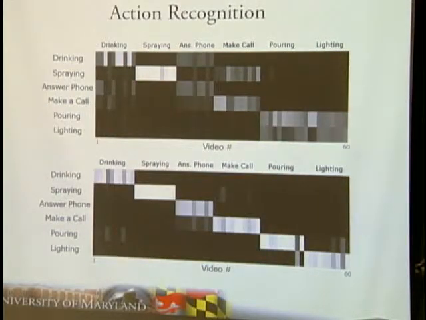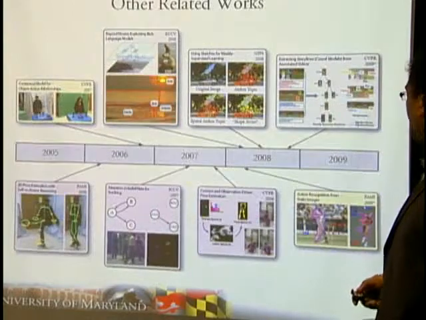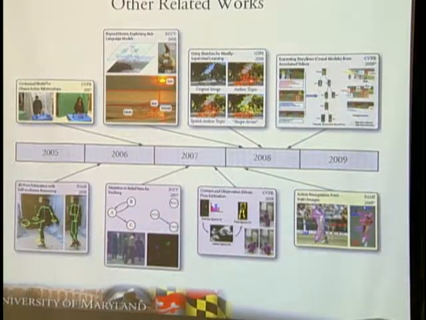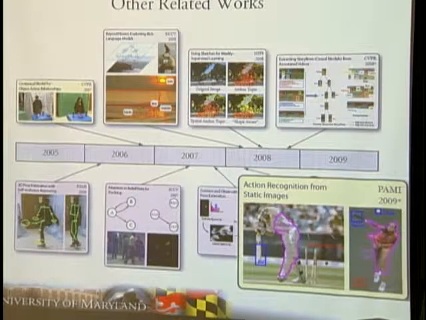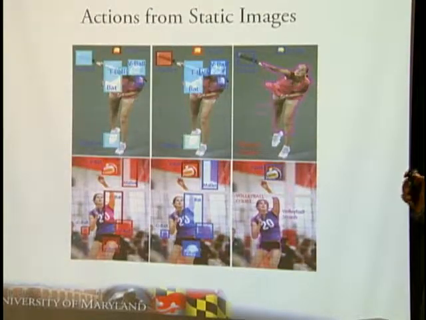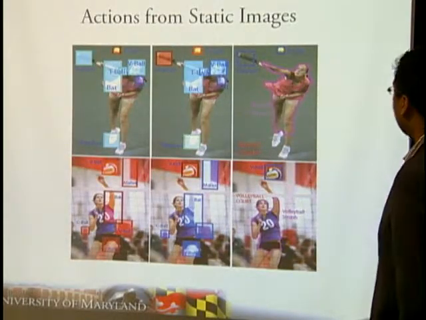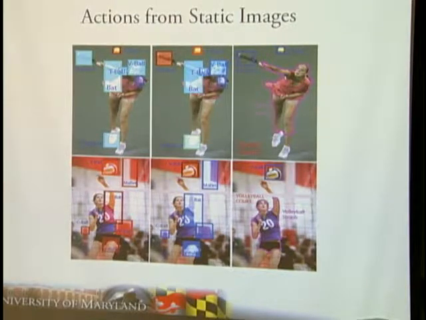Similarly, performance of action recognition improves drastically when you add object cues to the motion analysis. Then I later extended this approach, and in this case, we are trying to recognize actions from static images. So in this case, you do not need any motion information to recognize actions. You just recognize actions based on relationship of a human with the rest of the objects in the environment.